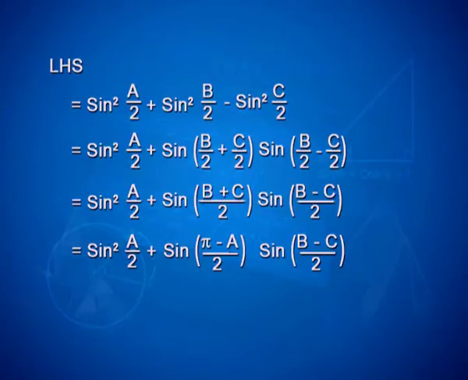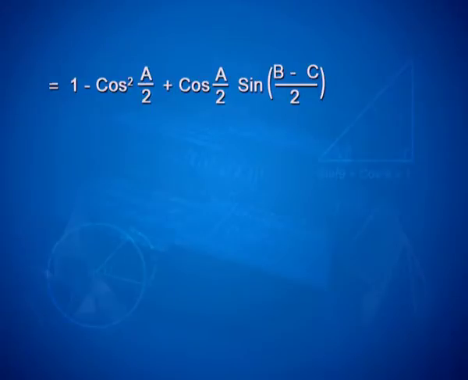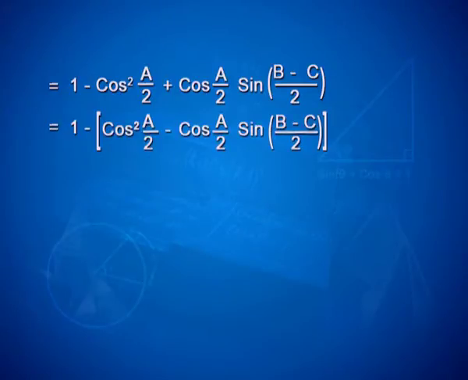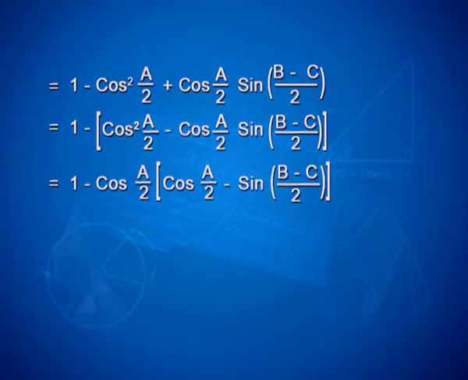That is equal to 1 minus cos square a upon 2 plus cos a upon 2 into sin b minus c upon 2. Now, taking 1 minus cos square a upon 2 minus cos a upon 2 into sin b minus c upon 2, we can express this as 1 minus cos a upon 2.